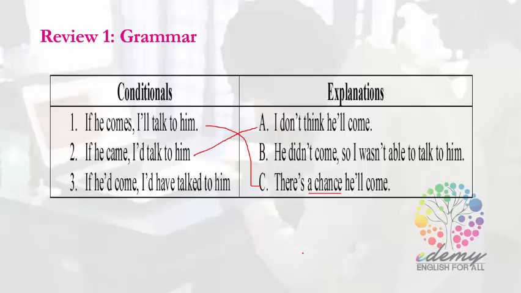The third conditional expresses something in the past, but talking about the opposite of what happened. So it is B: if he'd come, I would have talked to him, but in fact he did not come, so I wasn't able to talk to him. That's the review of grammar. Remember that the grammar in this unit was conditionals: first, second, and third.